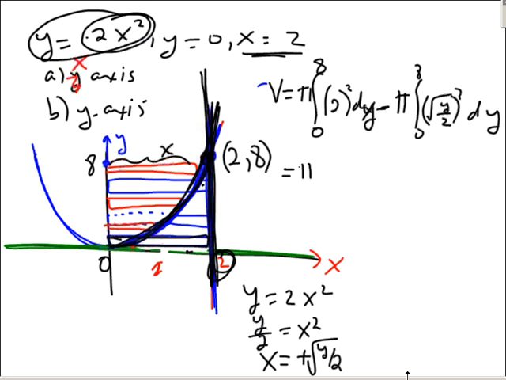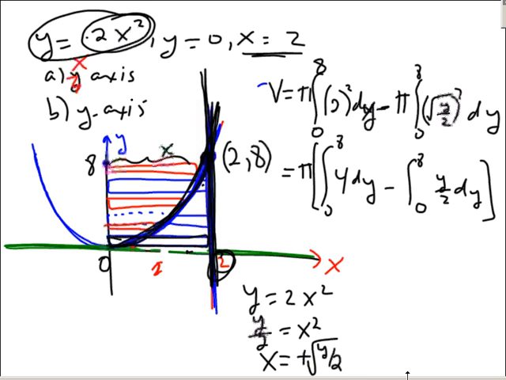Now, once again, I can factor out pi. So I get the integral from 0 to 8 of 2 squared, which is 4 dy, minus, I factored out the pi, integral 0 to 8 of y over 2 dy. And I'll integrate these. The integral of 4 dy is 4y, minus the integral of y over 2, which is y squared over 2 times the 2 that was always in the bottom. 2 times 2 is 4.